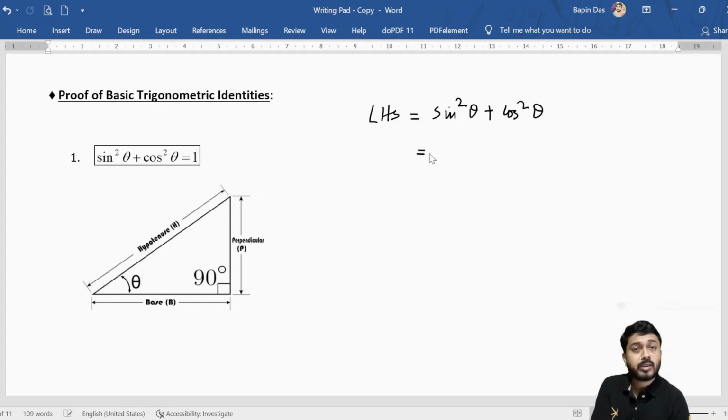What was sine square theta? Just remember, I told you a few minutes ago. What was sine theta?